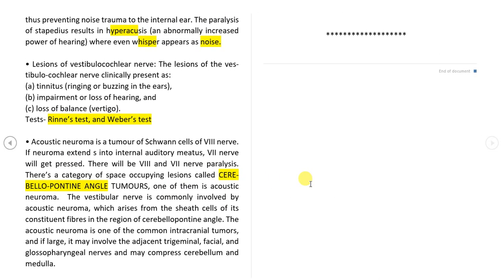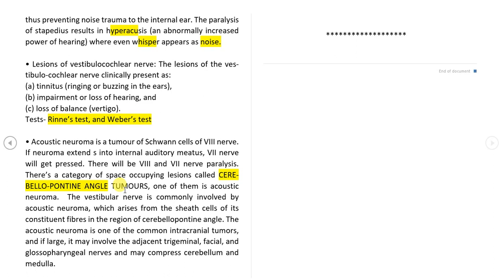In the ENT subject, you will learn these two tests: one is Rinne's test and one is Weber's test. They are specialized tests for bone conduction and air conduction of sound. In case of a tumor of the CP angle, that is cerebellopontine angle tumor, usually astrocytoma or any meningeal or vascular tumor, the CP angle is the place of origin of the 7th and 8th cranial nerves.